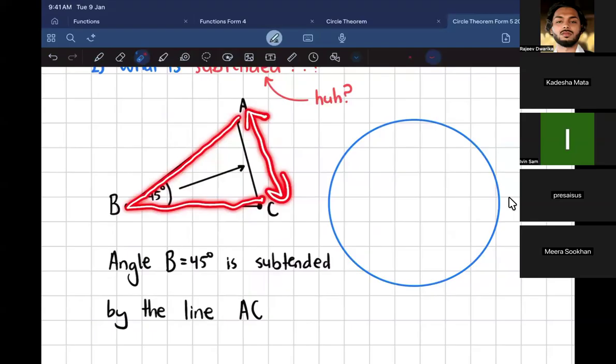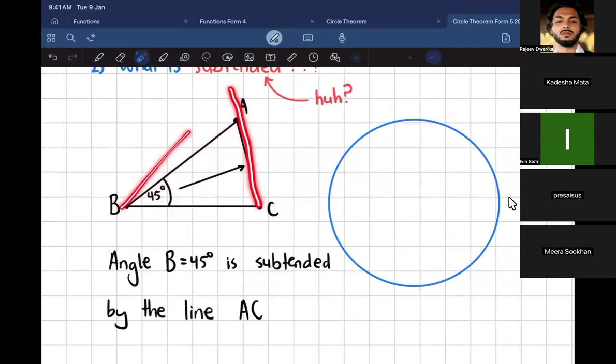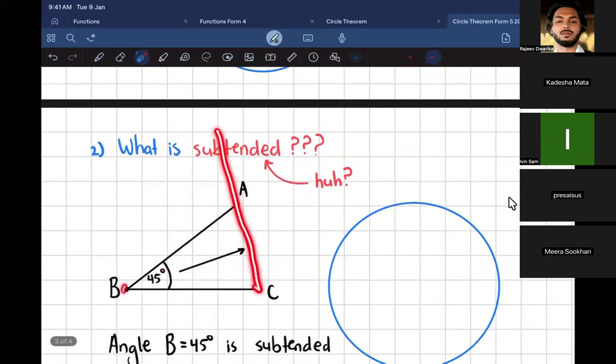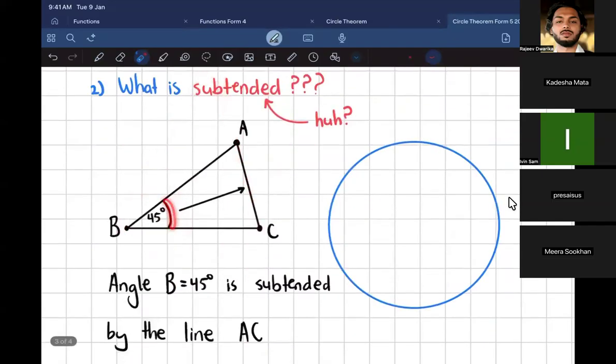If I make this line bigger, we're going to have to change the angle. It will become more. Yeah, exactly. Watch. If I make this line real big, the angle gets bigger, right? Yes, sir. So this angle over here and this side, they have a relationship. So I would say angle B is subtended by the line AC. And how do I know it's subtended by the line AC? Well, this side is opposite this angle, so they would affect each other.